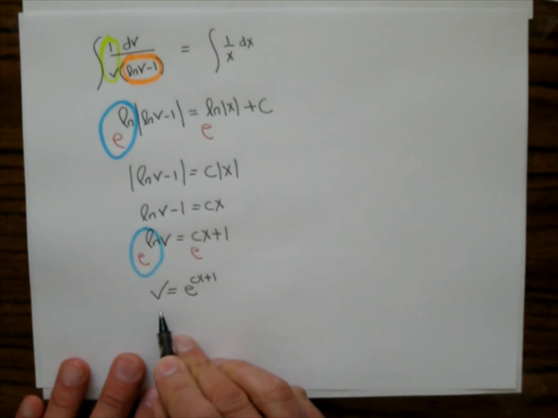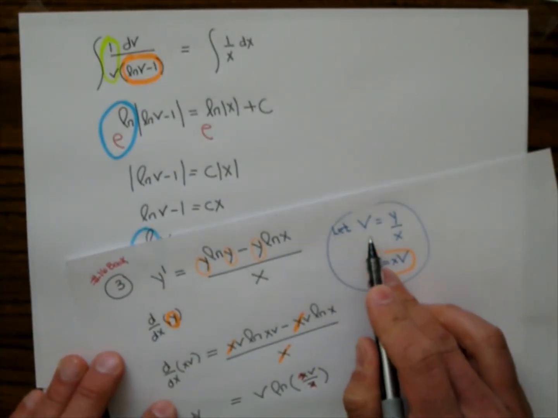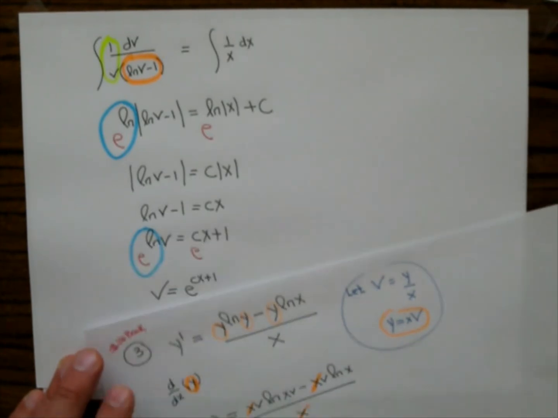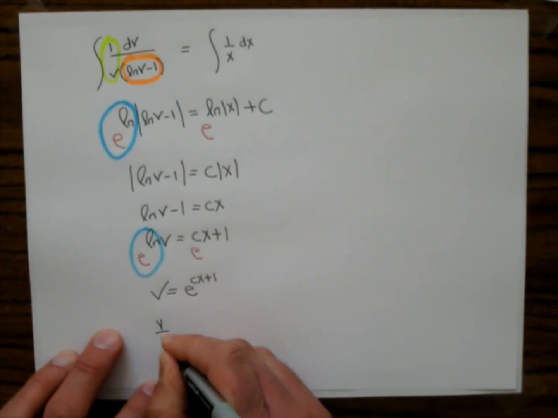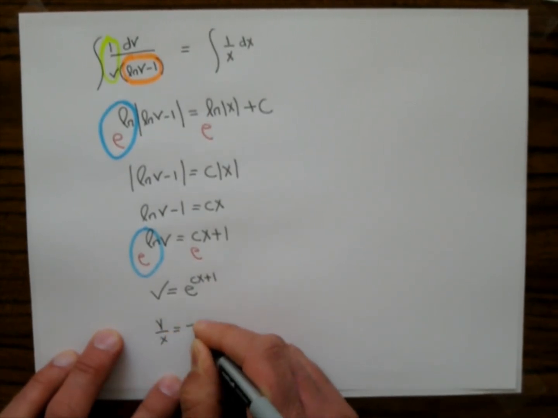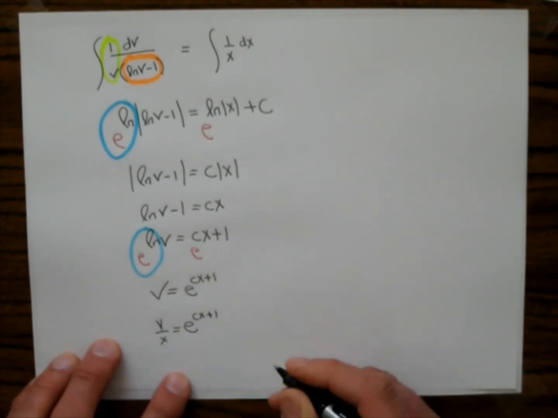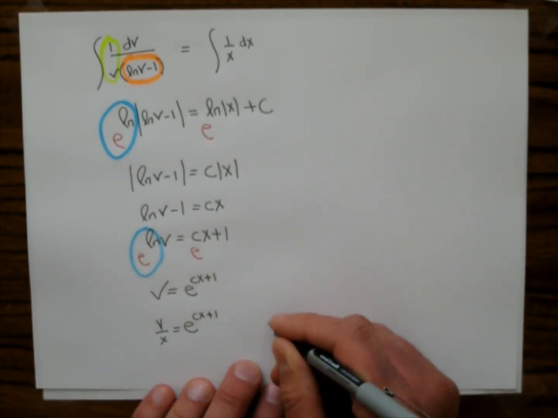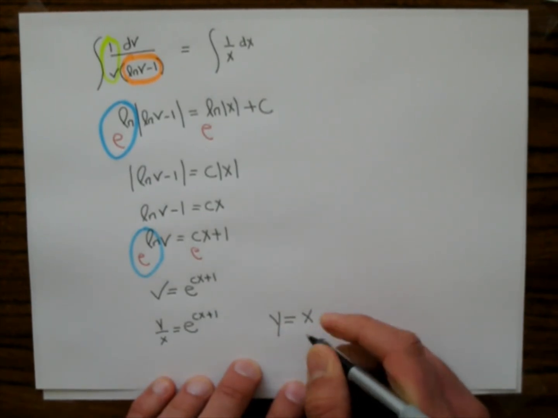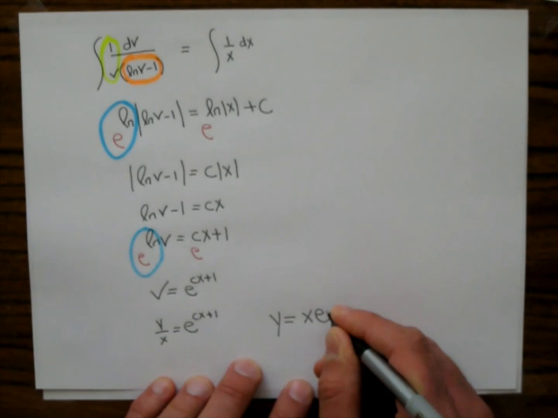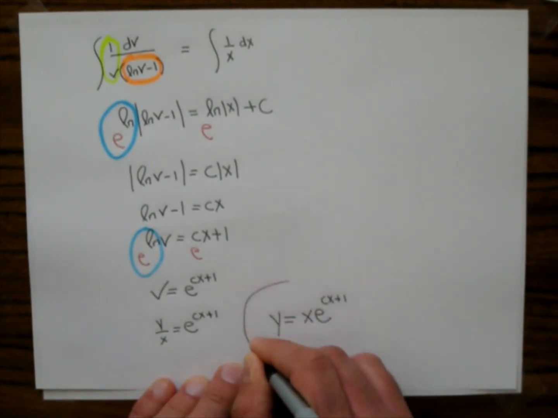And v gets replaced with y over x. So y over x equals this right here. And so my final answer, I multiply both sides by x, I get y equals x e raised to the cx plus 1 power.